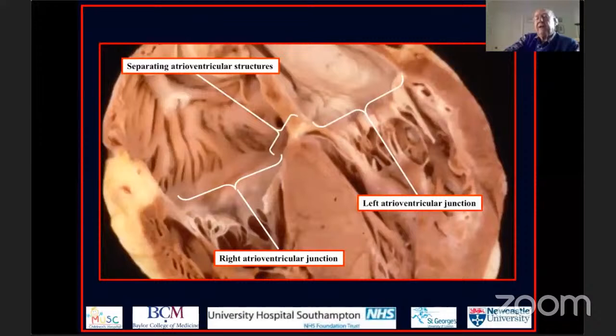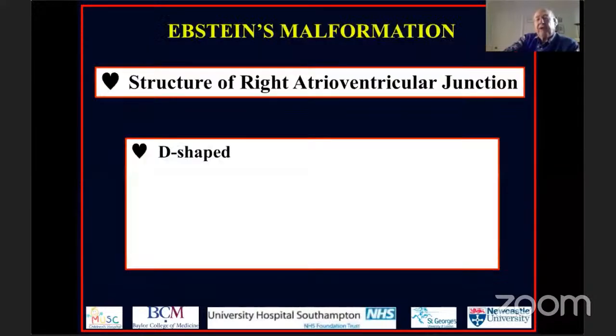I'm going to discuss that in the setting of the valve very shortly, but it's also full of fat or adipose tissue. And it is that fibroadipose tissue, for the larger part, that produces the insulation, which is part and parcel of the function of the right atrioventricular junction.